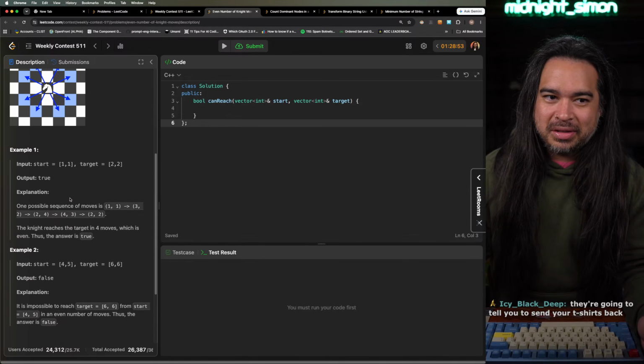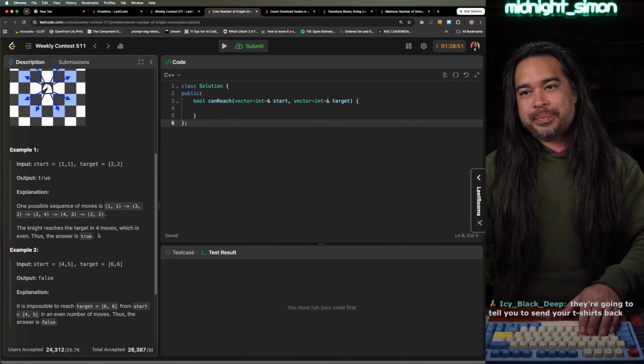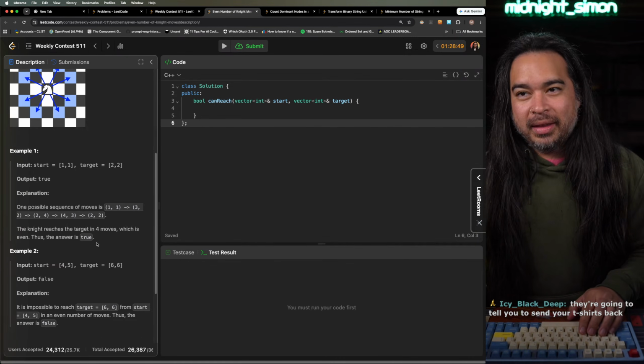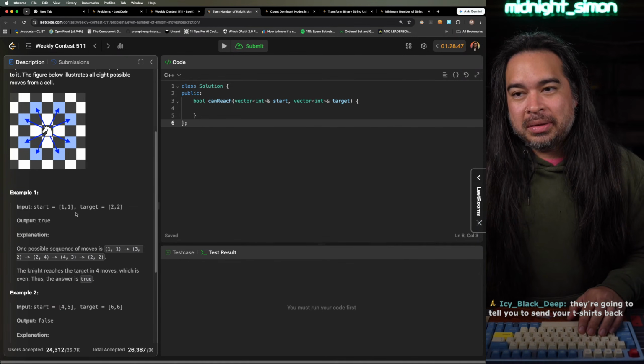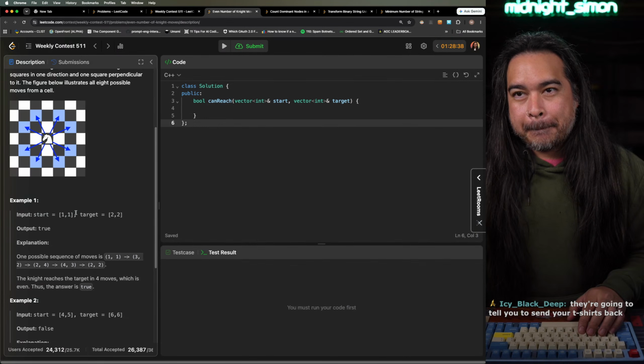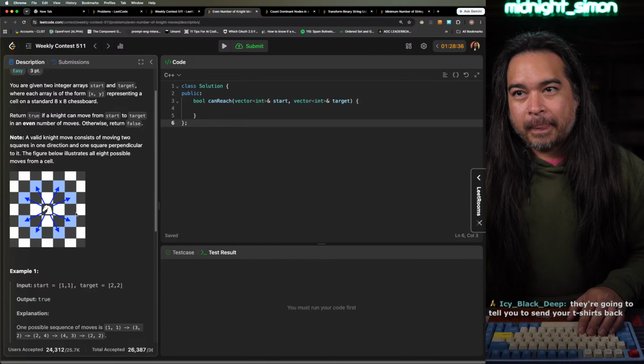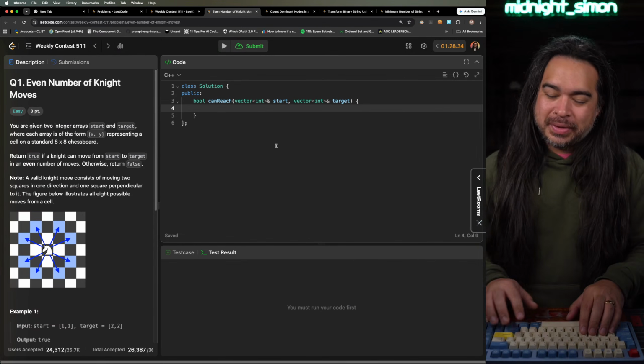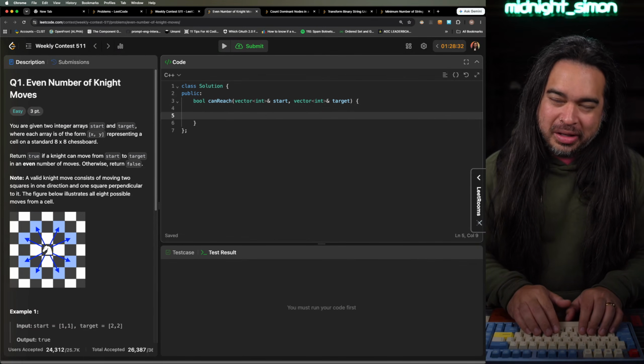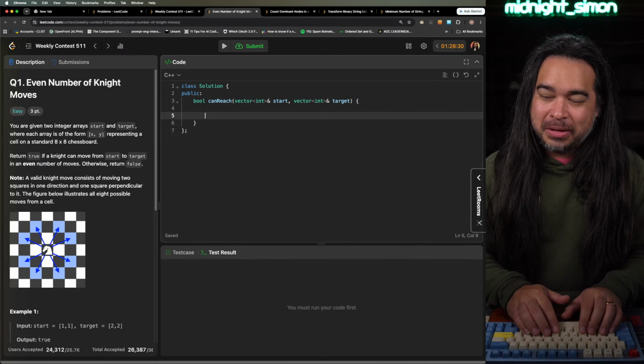Anyways, this is a tough, easy problem, man. How the hell am I gonna solve this? Two moves. I don't think I can think of any fancy way, so I'm just gonna do it.